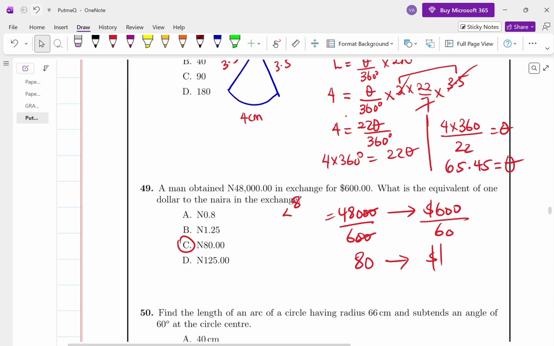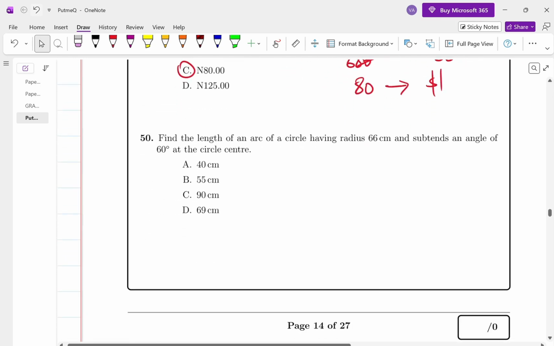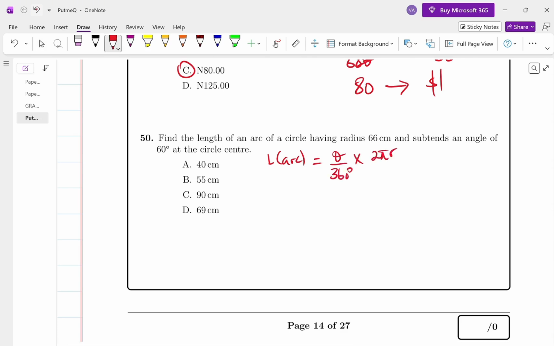Next, find the length of an arc of a circle having a radius of 66 centimeters and subtends an angle of 60 degrees at the center. Length of an arc is theta over 360 degrees times 2 pi r. So that will be 60 degrees divided by 360 degrees times 2 times 22 over 7 times 66. That's very big.